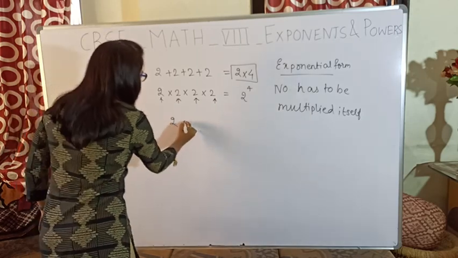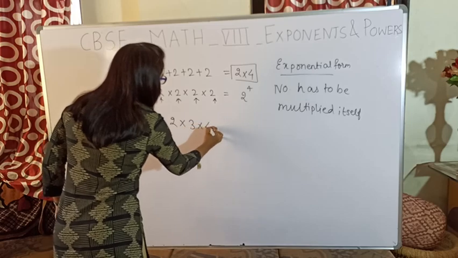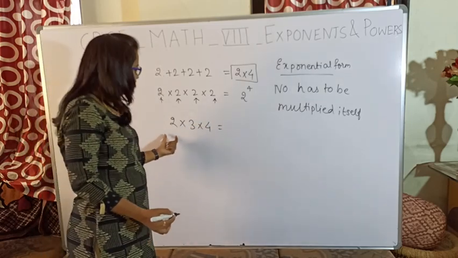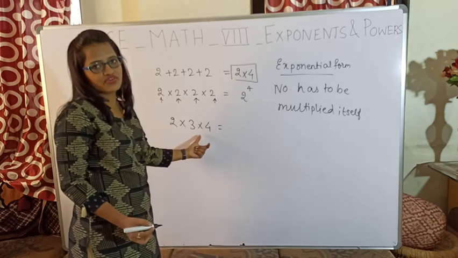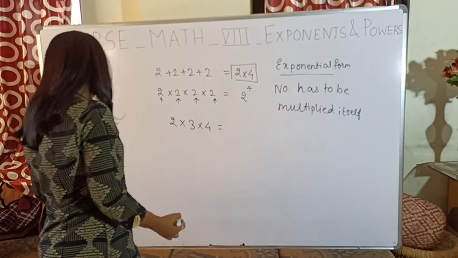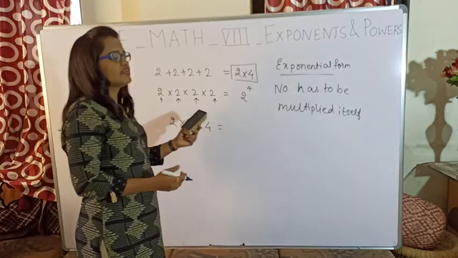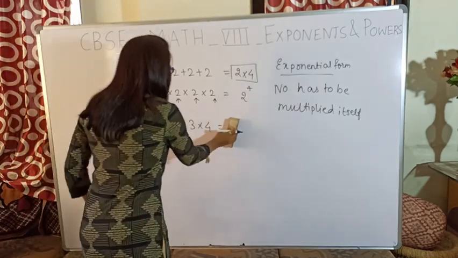If you write it like this, 2 into 3 into 4, and try to write it in exponential form, you cannot write this because here each number being multiplied is a different one. So the condition says only the number which is multiplied by itself can be written in an exponential form.